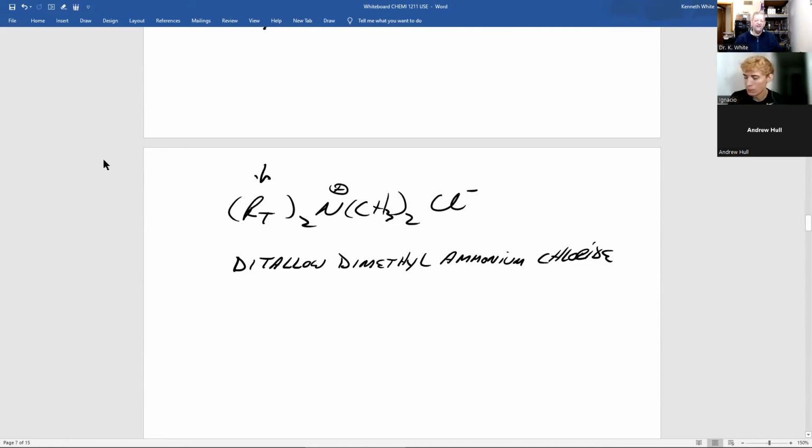And why am I writing this molecule down? Because until about 10, 12 years ago, which is not that long in the history of mankind, this was the only molecule used for a fabric softener. If you bought Downy, if you bought Snuggle, this is the molecule that you were really buying that did the fabric softening.